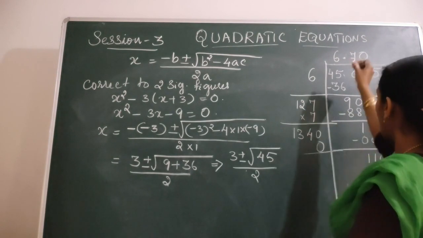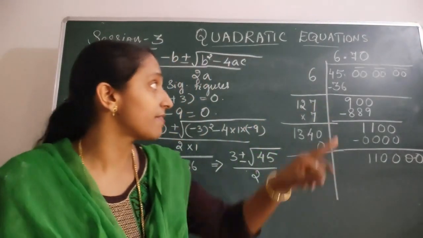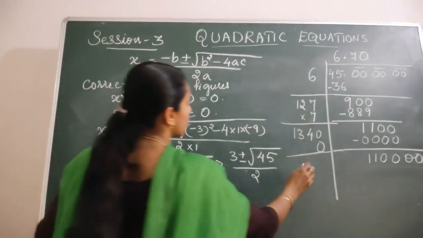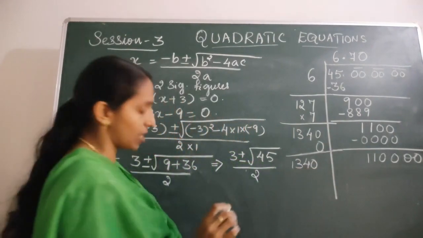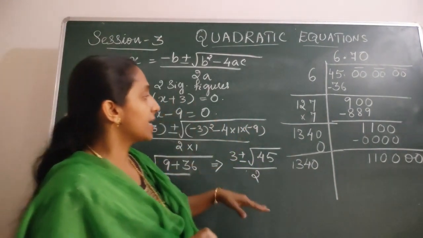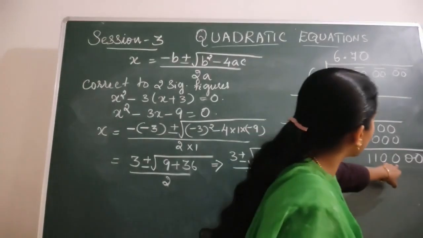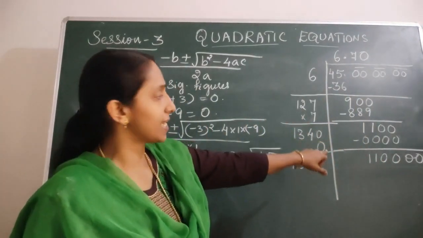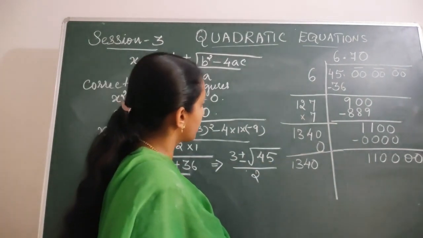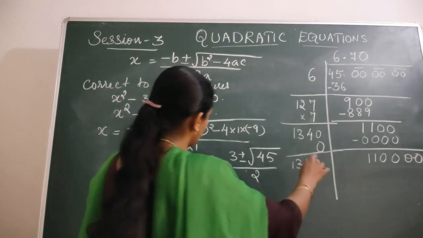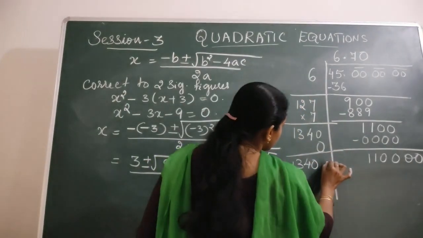Then you have to go for 670's double. That means 0, 1, 3, 4, 0 will be 670's double: 1, 3, 4, 0. Again we are having 1,10,000. So 13's multiple again you will go through. I think it will go up to 8 times.